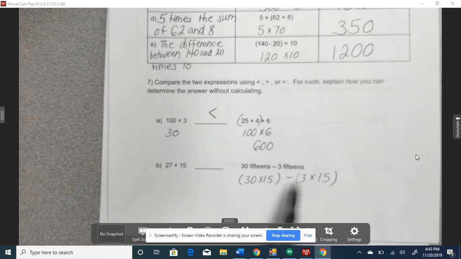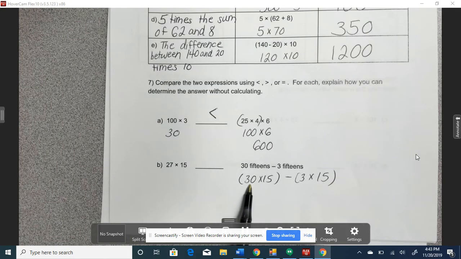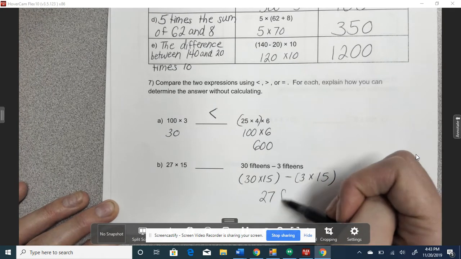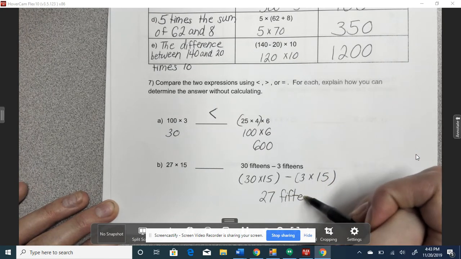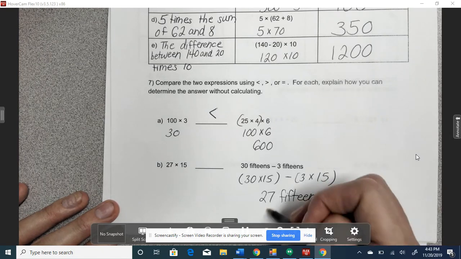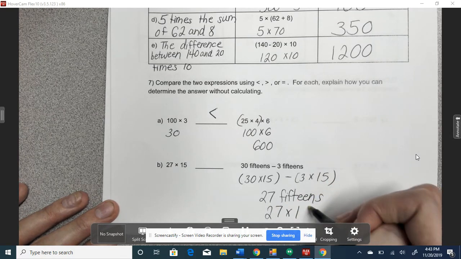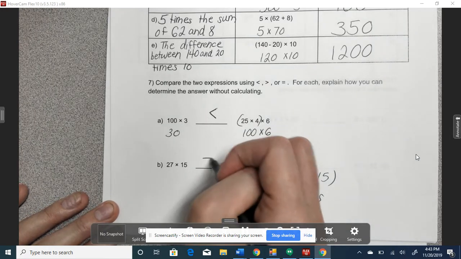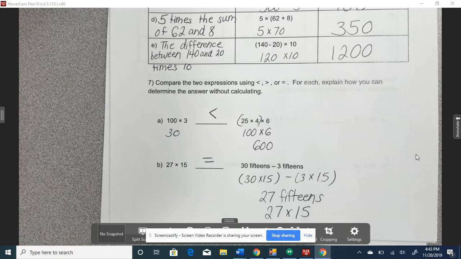Well, we're multiplying by the same number, so I can actually just combine these. 30 minus the 3 means that we actually have a total of 27 15s. This works because our unit in both numbers is 15. We have 27 15s, which can be represented as 27 times 15, which is actually the same as right here. So these two equations or expressions are equal to each other.